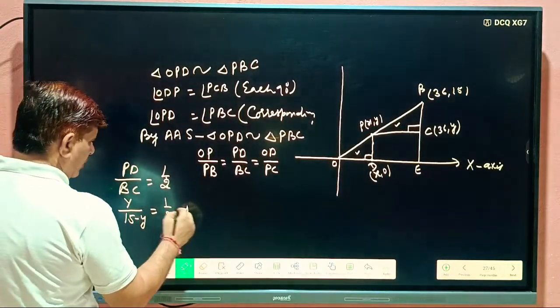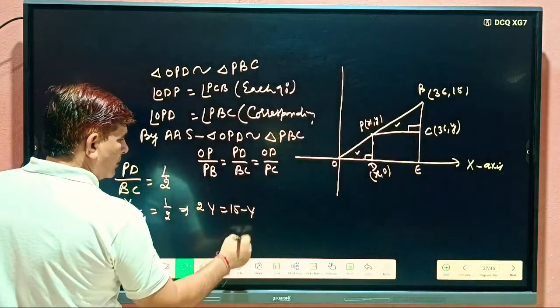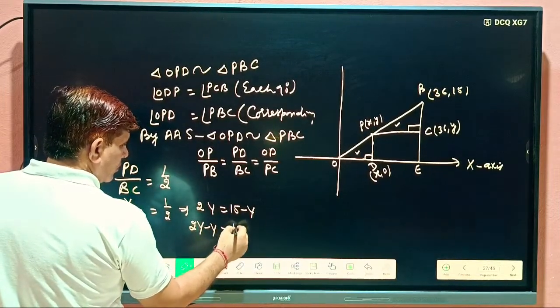Cross multiplication. So it becomes 2y equal to 15 minus y. Bring y to this side: 2y plus y equal to 15.